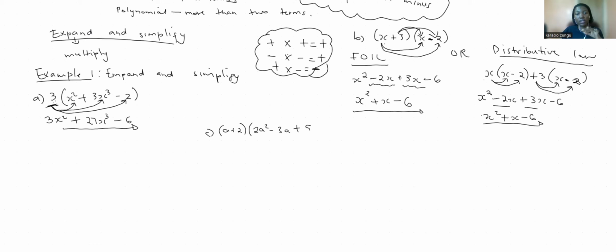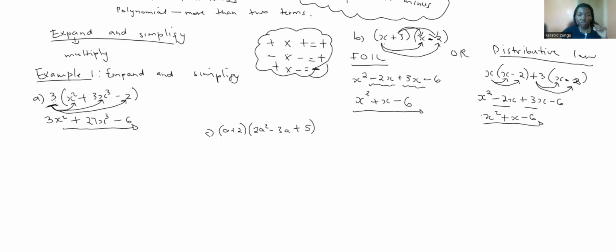Okay, so now this one, no matter what, you have no choice but to use the distributive method. That is the other reason why I encourage my learners to use distributive method, because by now you know what to do. Okay, and with the distributive method, you can multiply and expand any expressions that you want. Okay, so again, when it comes to distributive method, there's no specific bracket to distribute, and there's no specific bracket to keep.